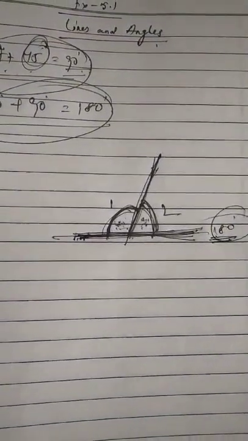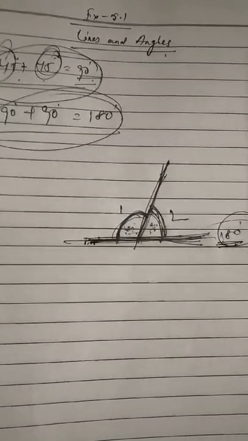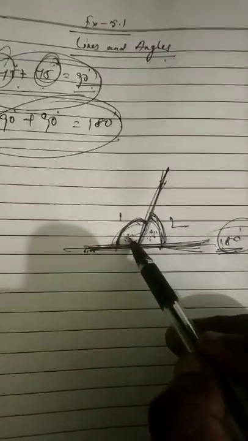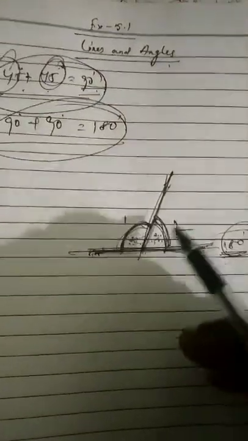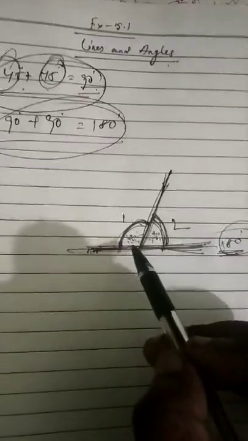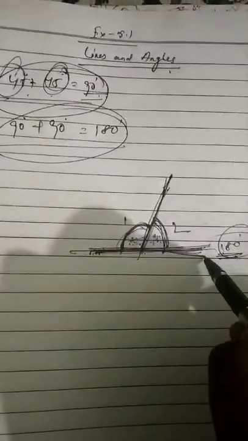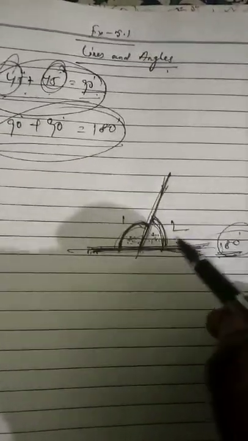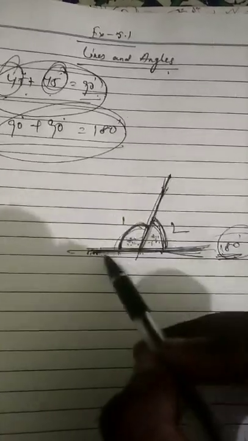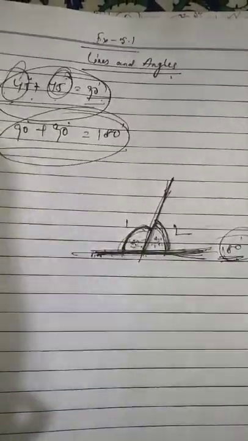as well. So children, don't get confused if you are asked whether angle 1 and 2 are supplementary or a linear pair. They are both a linear pair and supplementary to each other, because they are lying on a straight line, and the sum of these two angles would be 180 degrees.